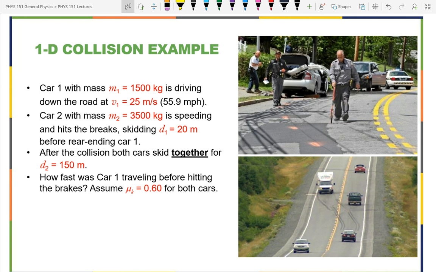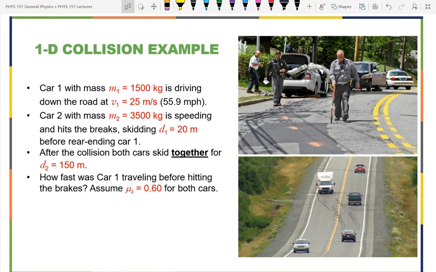So remember, in solving this, I sat down and I first identified, okay, this is going to be a problem where I use the things of collisions, the relationship between energy and momentum for a collision. Before the collision, we had a car skidding, then there was friction creating non-conservative work, and I used the work-energy relation to relate the speed of the car before it hit the brakes to the speed after the collision.